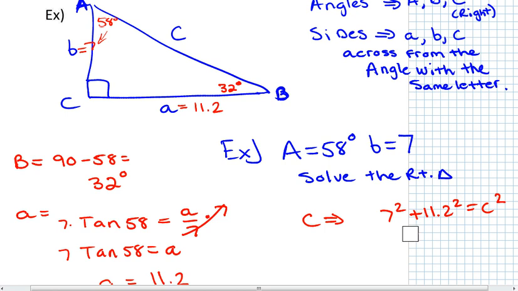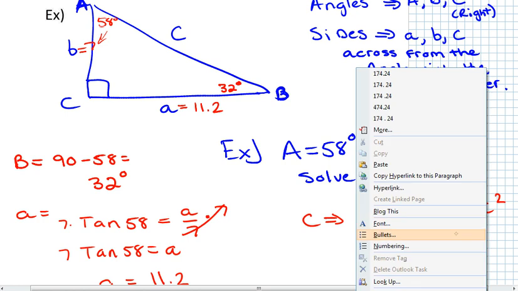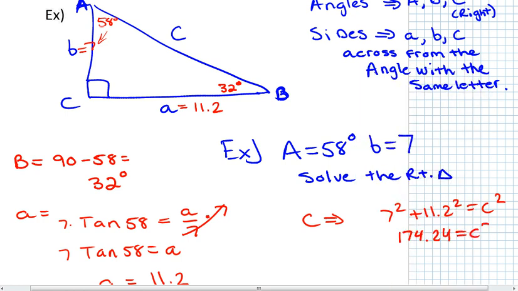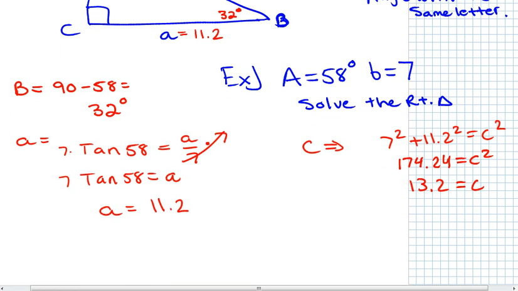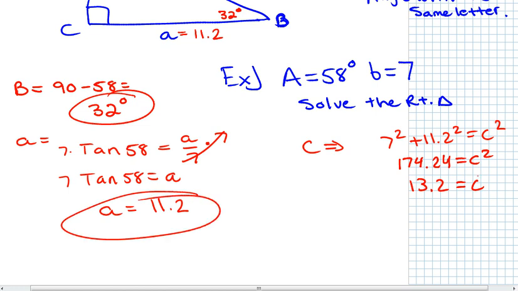So when I square them and add them together, I get 174.24 equals c squared. And then when I take the square root, I get about 13.2 equals c. And that is how I find all the missing sides and angles. So basically, I had 3 missing parts: angle B 32, side a 11.2, side c 13.2.